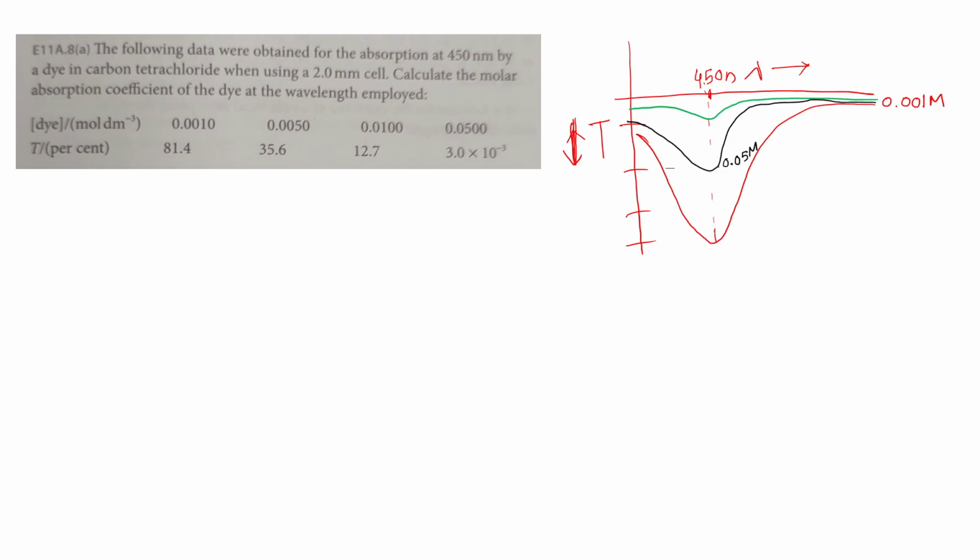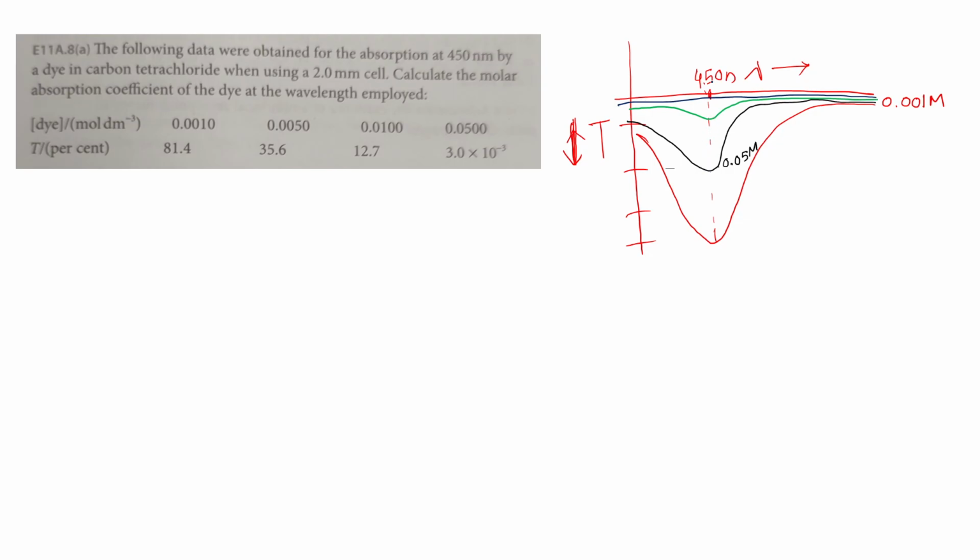And it has been said when you went to a 0.05 molar, there is very little transmission. This is around 0.3 into 10 to the power minus 3, which is very, very less, right?